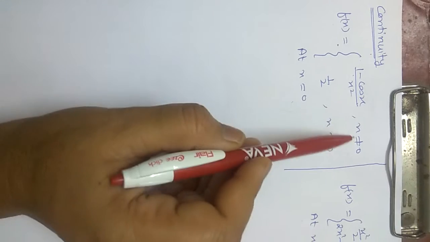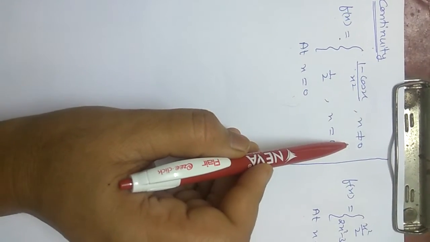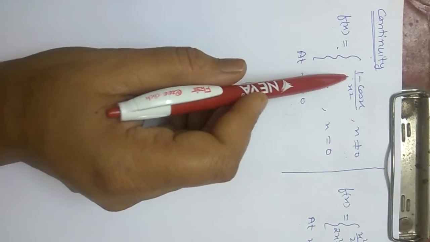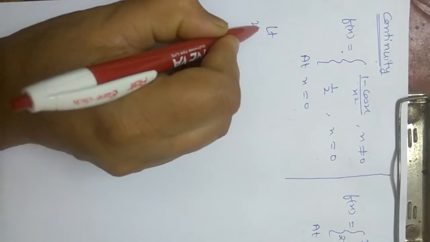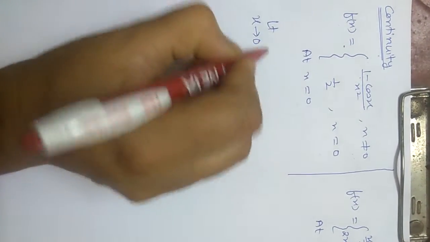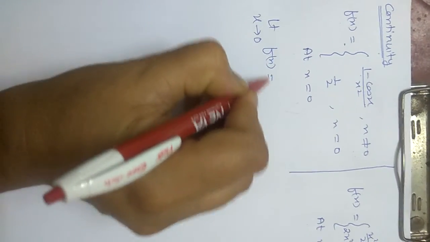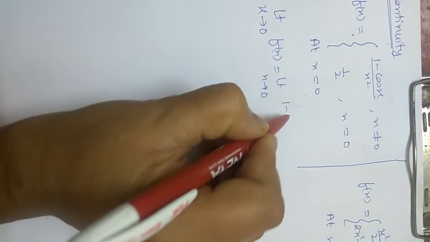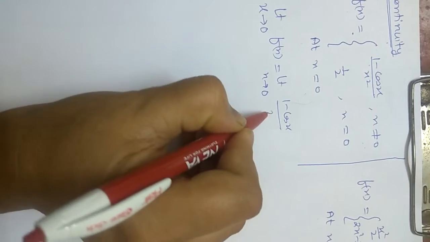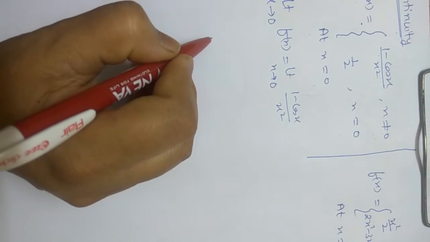As you see, when x is not equal to 0, you have to simply consider the limit. Limit x tends to 0 f(x), that is equal to limit x tends to 0 (1 minus cos x) upon x square.